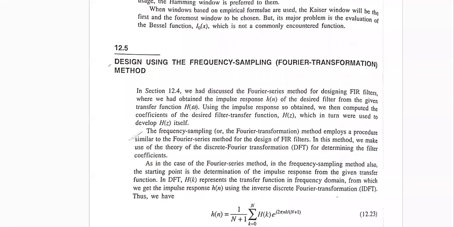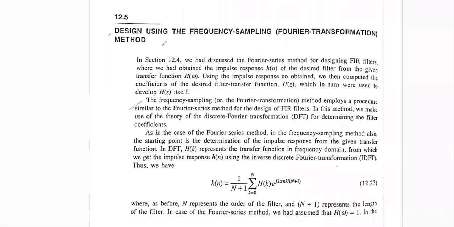Yes, sir. Okay. Now, design using the frequency sampling Fourier transform method. Previously we used h[n] directly, found the values by inverse Fourier transform, and then went for h0, h1, h2, h3.